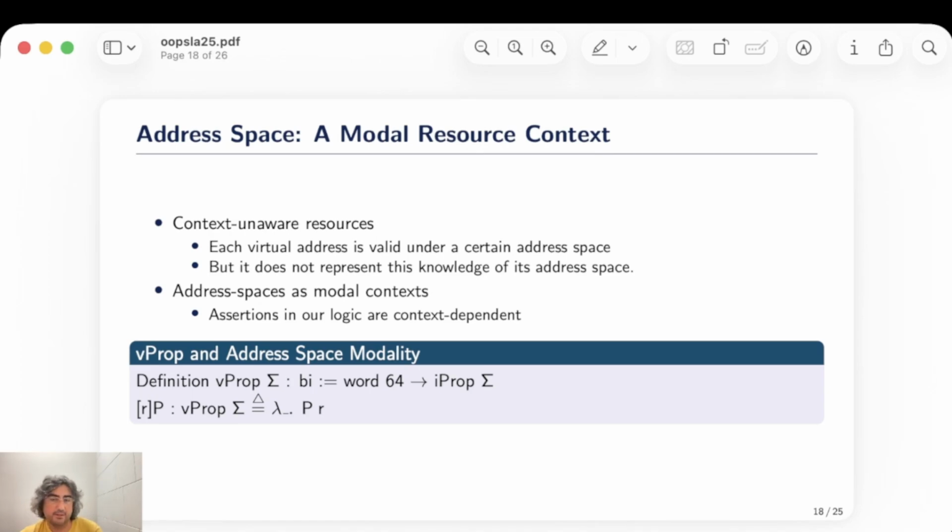Here we see P rooted at R, asserting that all the virtual pointer assertions in P are valid only under the address space identified with R.